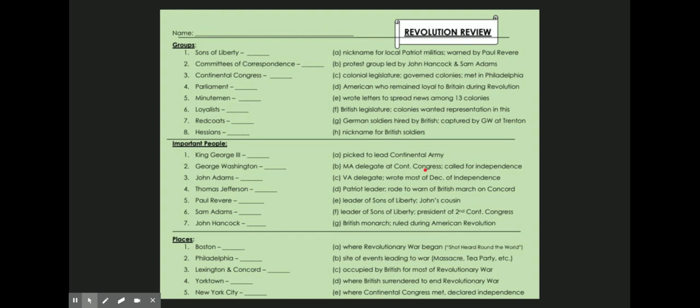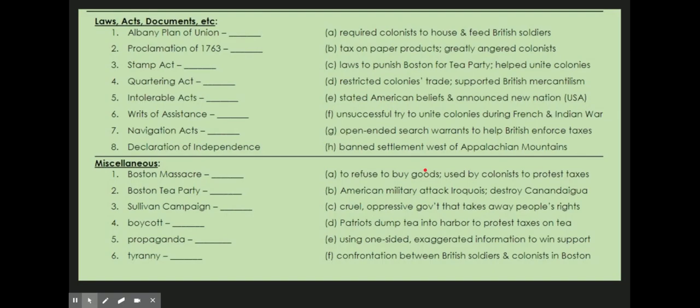New York City was occupied by the British for most of the war. And then the last one, in case you're not a fan of Hamilton, you might not know this, where the British surrendered to end the Revolutionary War is Yorktown. Yorktown is D. And let's see, these ones, I'm pretty sure you would know all of these on your own.